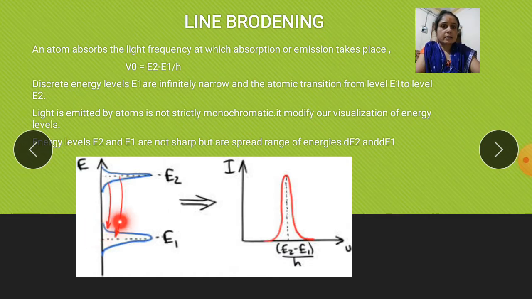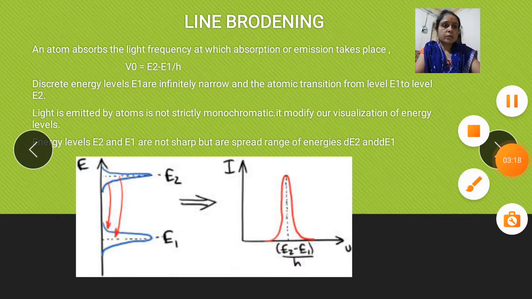Here E2 is the energy of the first excited state, and E1 is the ground state energy. The frequency of the emitted light is E2 minus E1 upon h, the curve shows the intensity of light, and nu denotes the frequency.